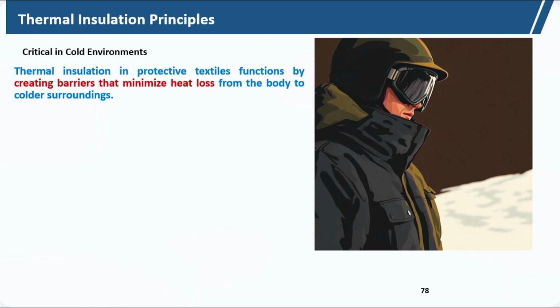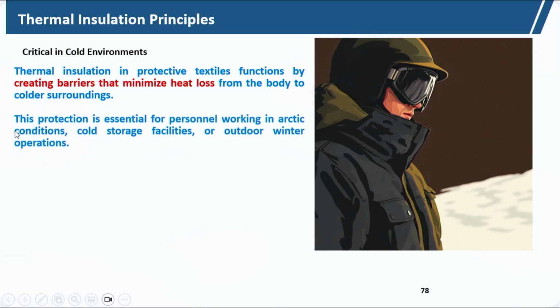Thermal insulation functions as a barrier that minimizes heat loss, so body heat should not be lost outside. We can create the clothing in such a way that the insulation is very high. This protection is essential for personnel working in Arctic regions or cold storage.